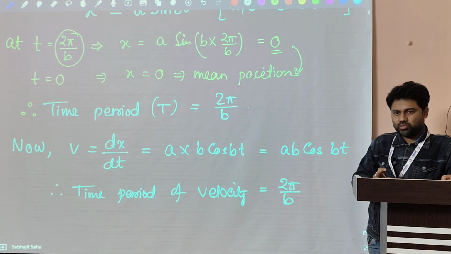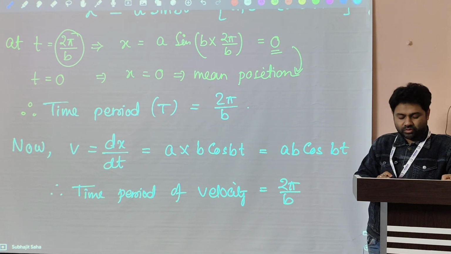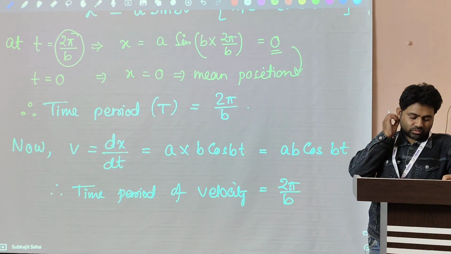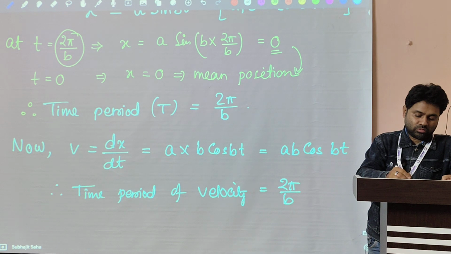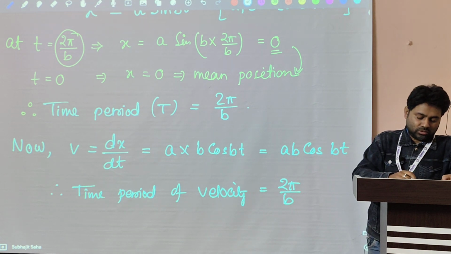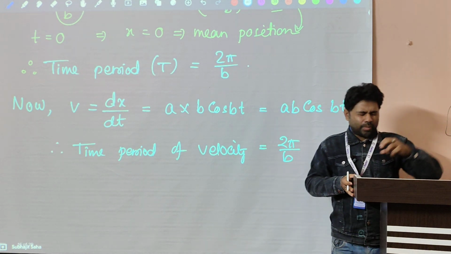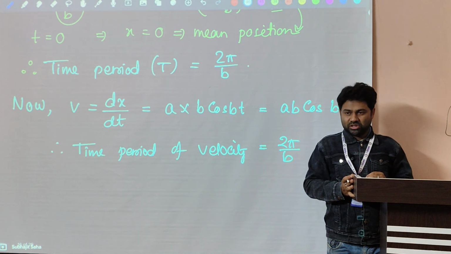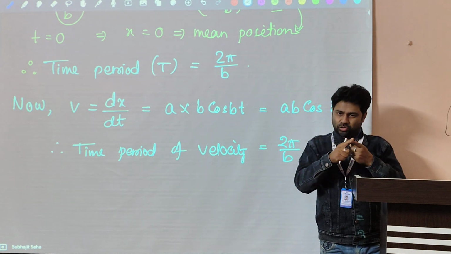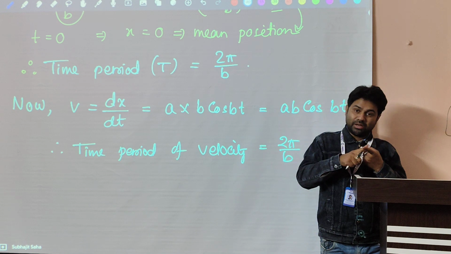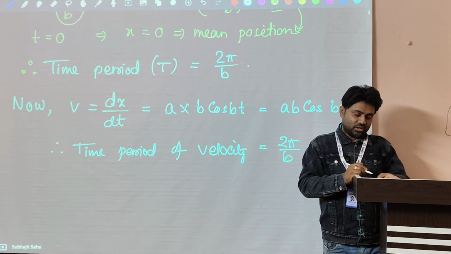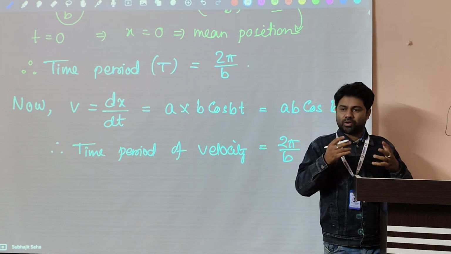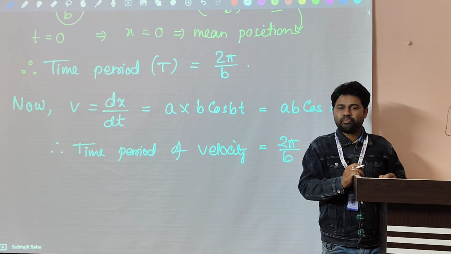Sine and cosine functions both are periodic. So after 2π/b interval of time, we see the particle comes back to the mean position with the same velocity with which it started, because the velocity will also repeat its value by the property of a periodic function.